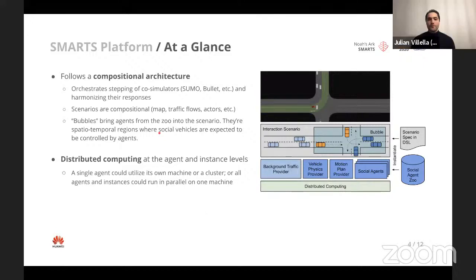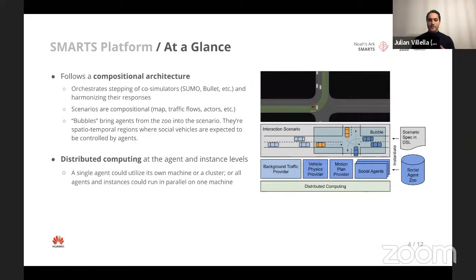Now, the SMARTS platform follows a compositional architecture. The SMARTS platform orchestrates the stepping of co-simulators, such as Sumo for background traffic, Bullet for realistic physics, and many others.